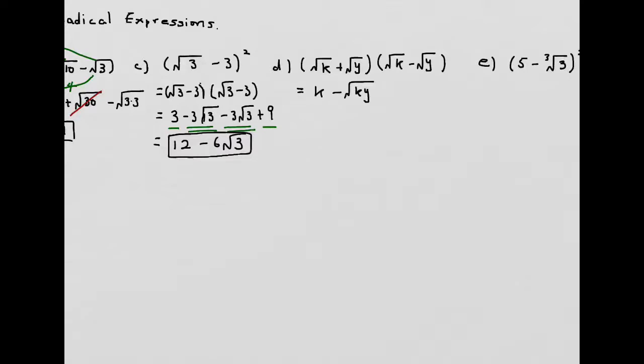And then inner will give you positive square root of yk, but because it's multiplication, you can switch the order to look like the term before. And then when you multiply square root of y with square root of y, you will get y. And again, the middle term cancels out each other, and you get k minus y remains.